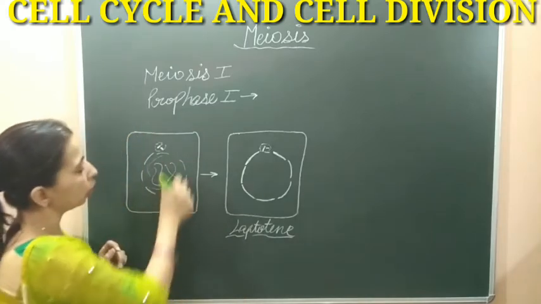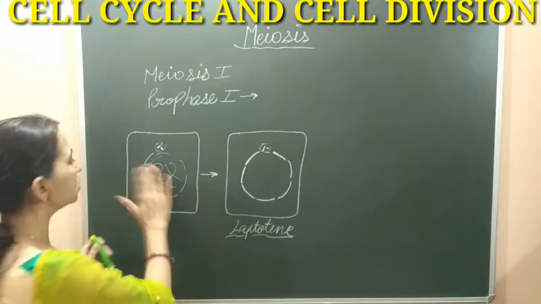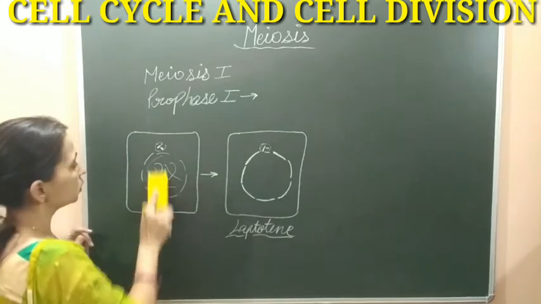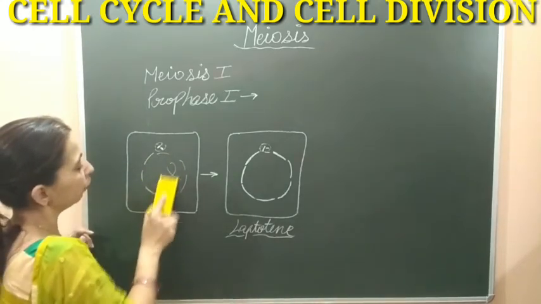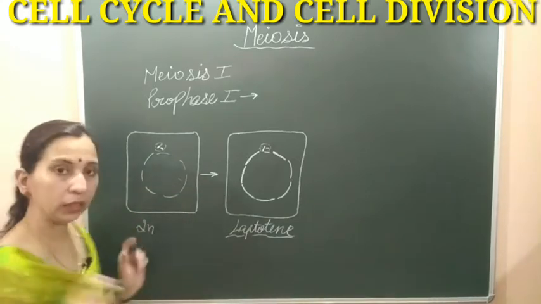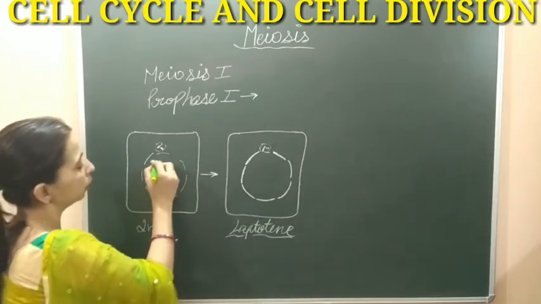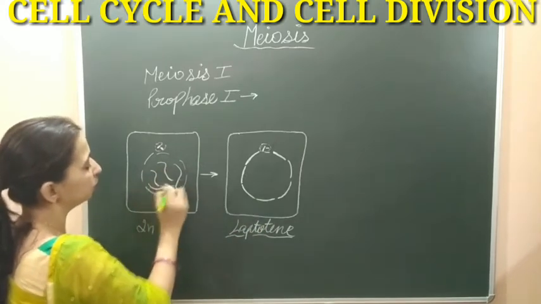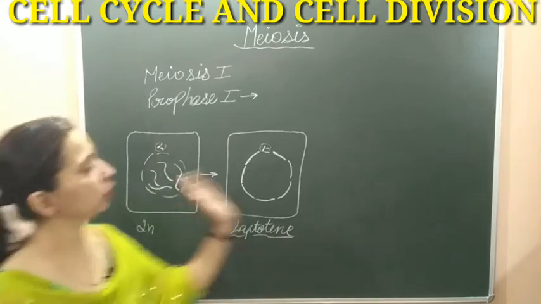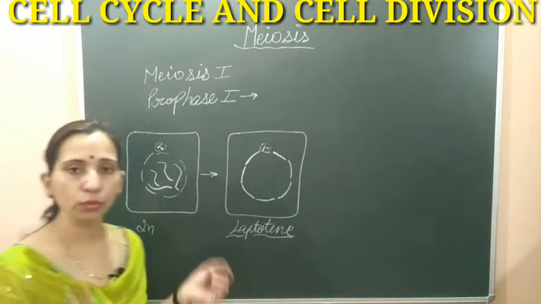For our convenience, if we take a fixed number of chromosomes, we know that the cell is a diploid cell. So we are taking a diploid cell to show meiosis, and in this diploid cell we fix the number of chromosomes so that we don't get confused in the later stages of meiosis. Here we have taken the number of chromosomes as 4.